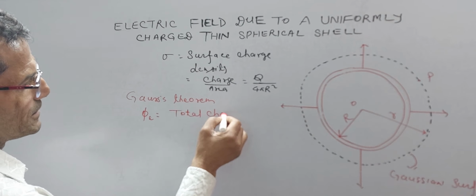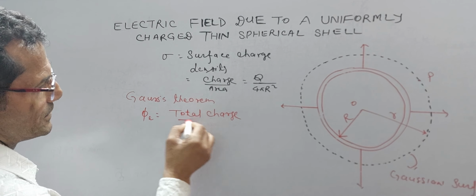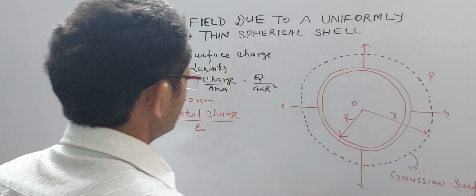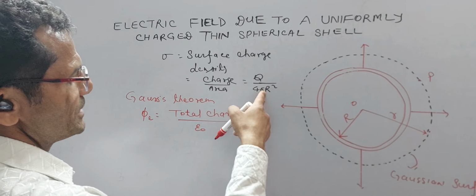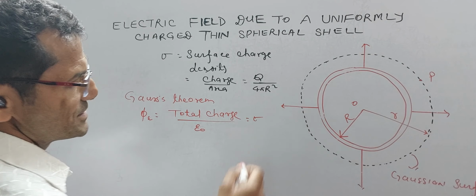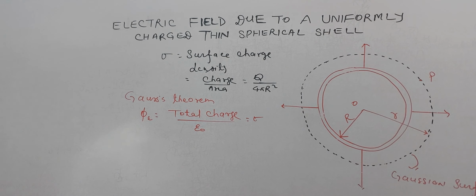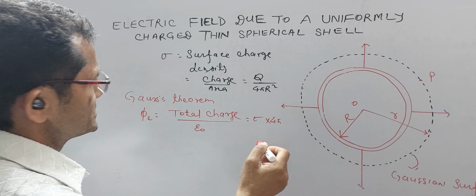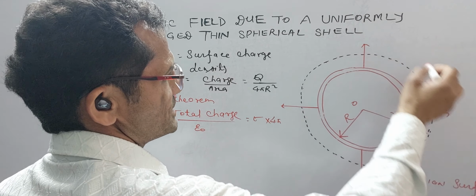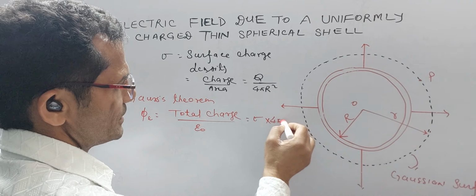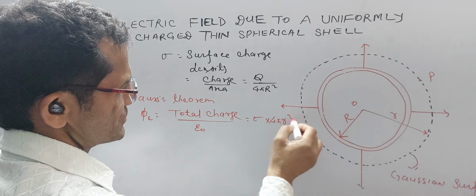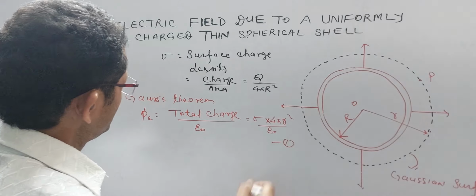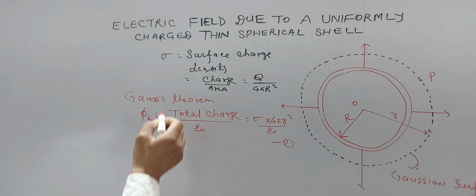The total charge inside will be sigma times area. Sigma is the surface charge per unit area; if you multiply it by the area, we get the total charge inside this Gaussian surface. It will be sigma times 4 pi r square divided by epsilon naught. So this comes out from Gauss's theorem.